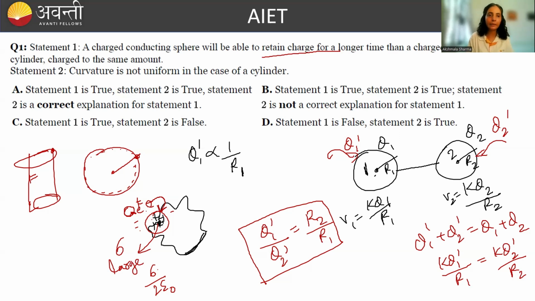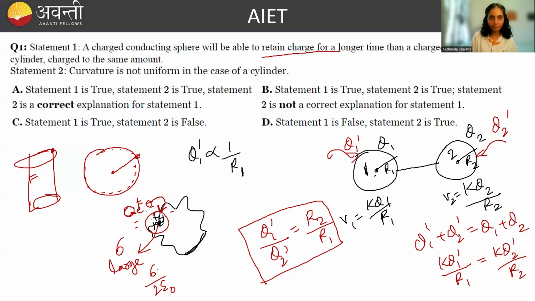Now let's read the statement. A charged conducting sphere will be able to retain charge for a longer time than a charged conducting cylinder charged to the same amount. Second statement: curvature is not uniform in the case of a cylinder. Yes, because the curvature of a cylinder is not uniform. It has some sharp points, right? And if it has some sharp points, loss of charge may happen.